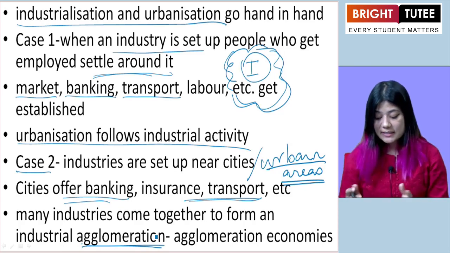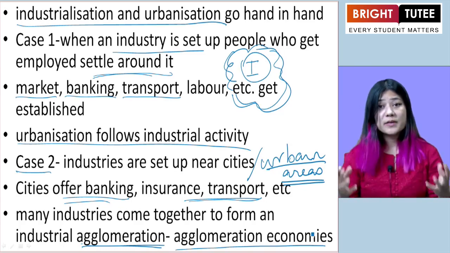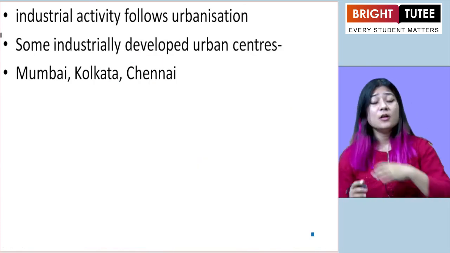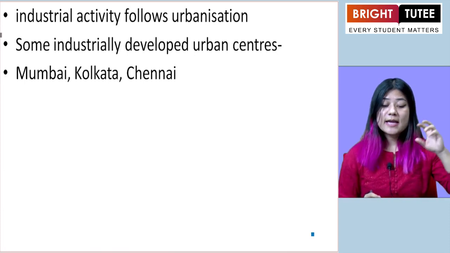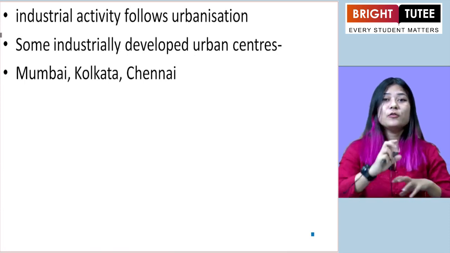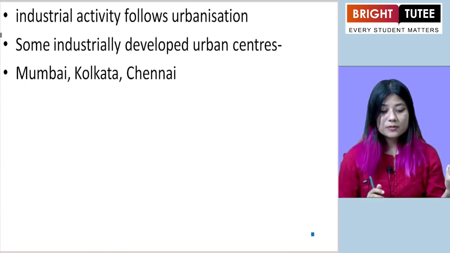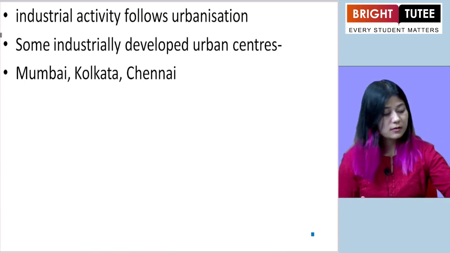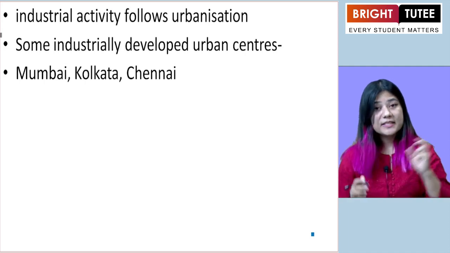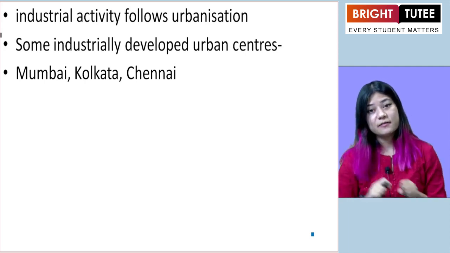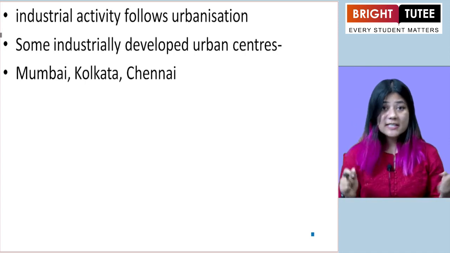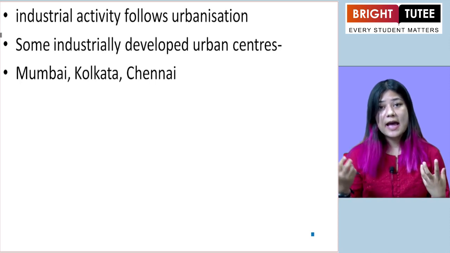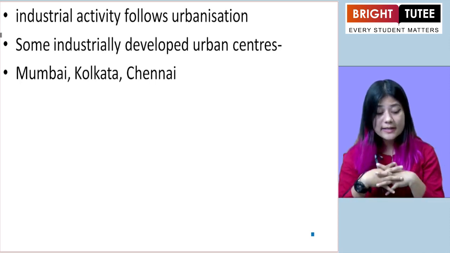So agglomeration economies emerge in the cities, urban areas. What you can see here is that industrial activity follows urbanization. The first case was urbanization following industrial activity, but in the second case, industrial activity follows urbanization. So these are the two cases which help us understand how urbanization and industrialization are linked together.